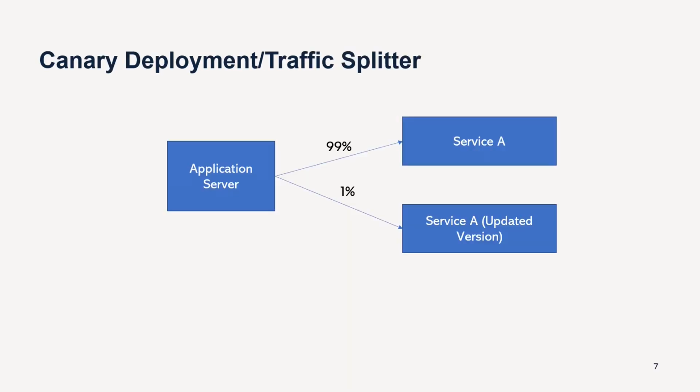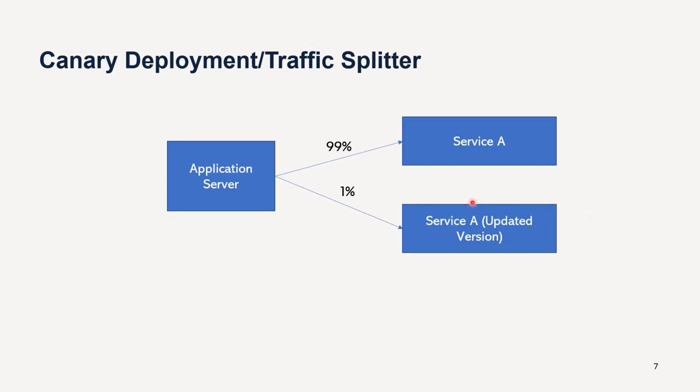And one more very good feature of service mesh is that suppose you have some service A, and some changes happen to that service, and you are not sure, okay, that may backfire, maybe some issues are there. Then what can you do? You can configure your app server in such a way that you can route some traffic to the older service and some to the newer service.